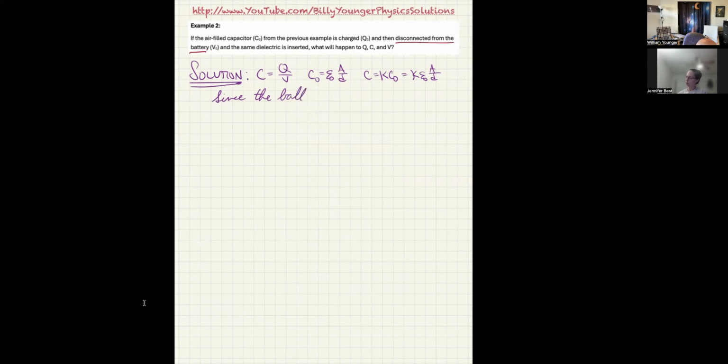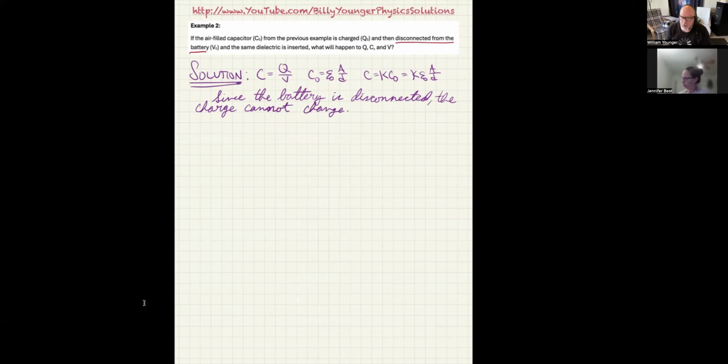Since the battery is disconnected, the charge cannot change. So we know Q and Q0 are going to be the same thing here. That's what we know for sure.